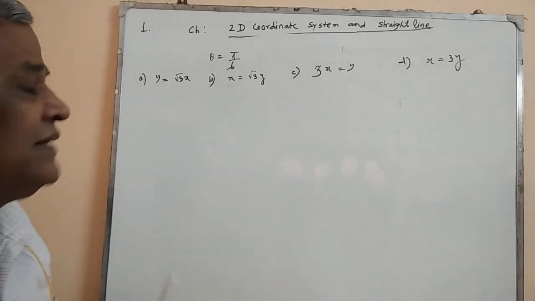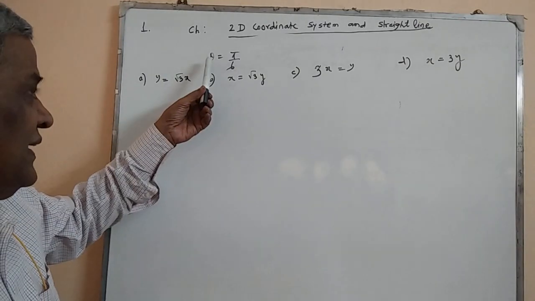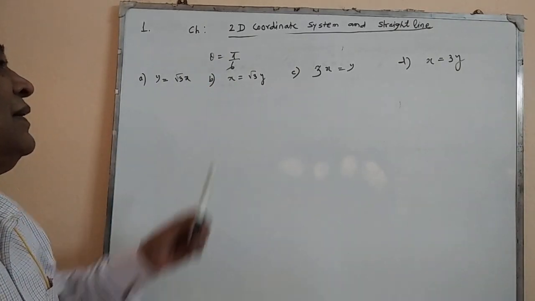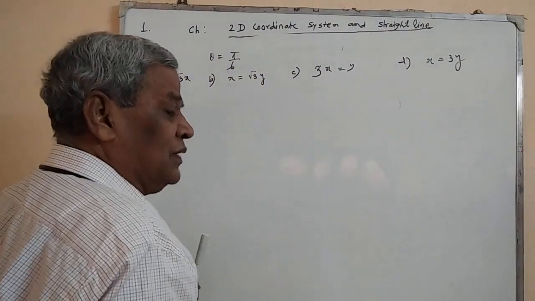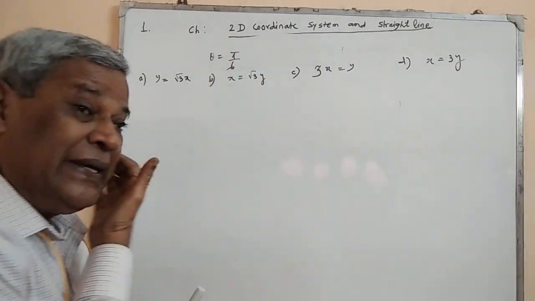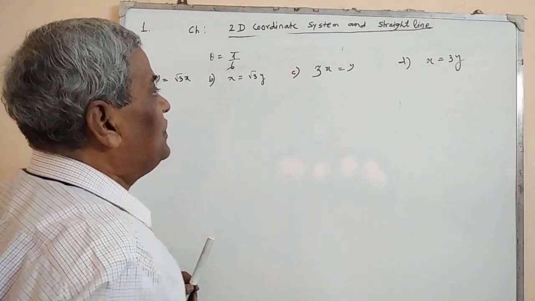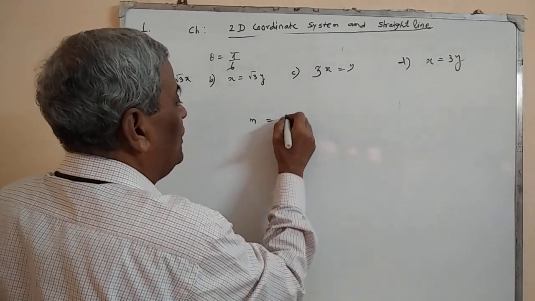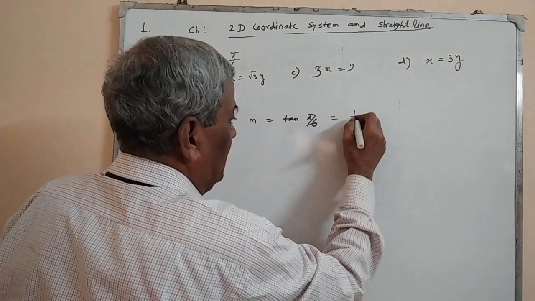It is given that theta is equal to pi by 6. For any value of r, theta is pi by 6. So all points will lie on a straight line which makes an angle pi by 6 with the x-axis. Then the gradient of the straight line is m is equal to tan pi by 6, that is 1 by root 3.